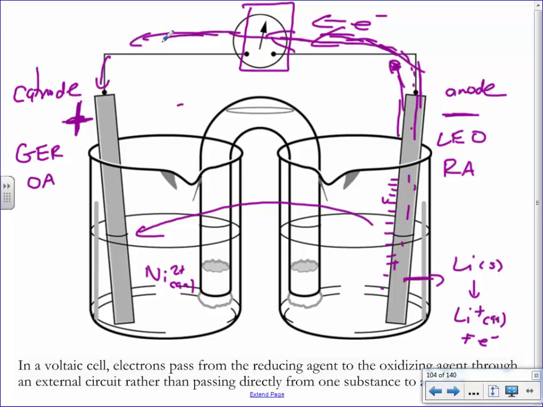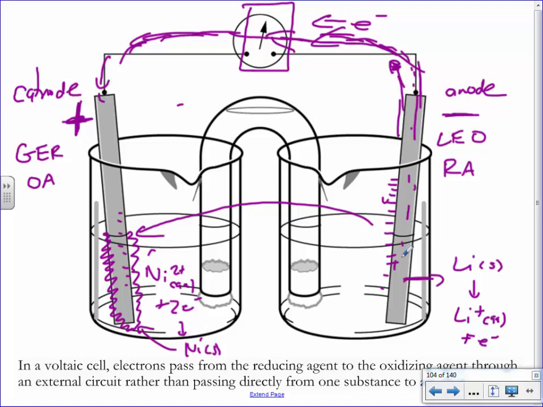Those electrons then go all the way through the wire over here, and now there's electrons sitting here. Well, you know who'd love to have those electrons is somebody like nickel. Because what's going to happen when nickel 2+ adds to it some electrons? It'll turn into some nickel solid. You'll actually see some buildup on this electrode right here as some nickel solid gets made.